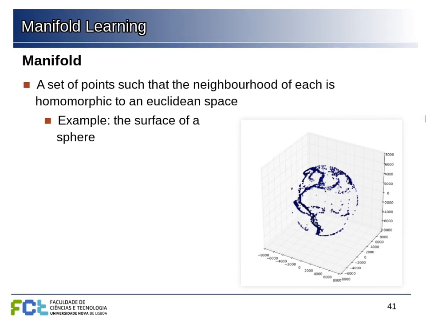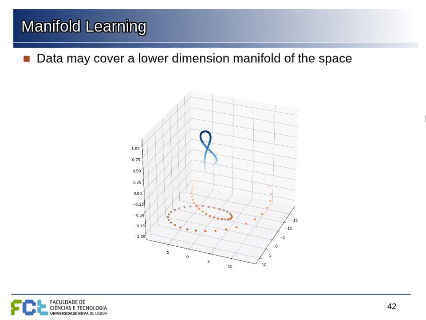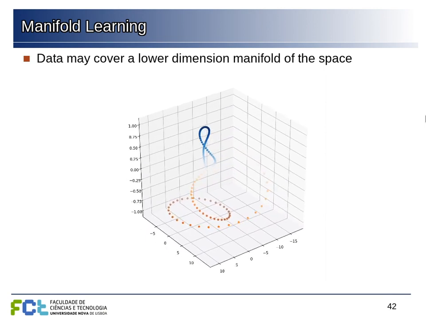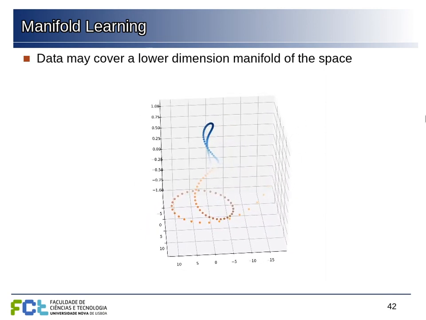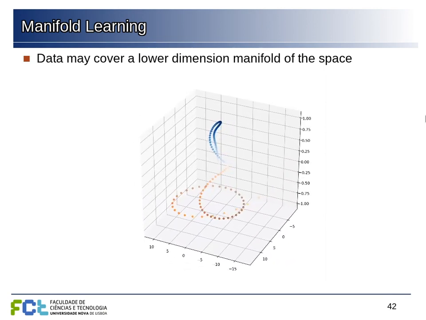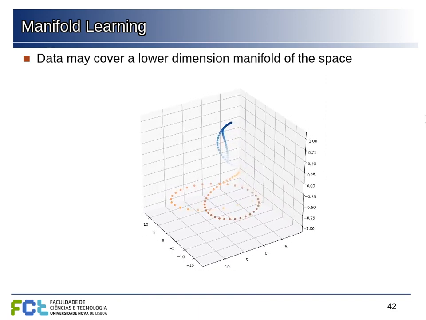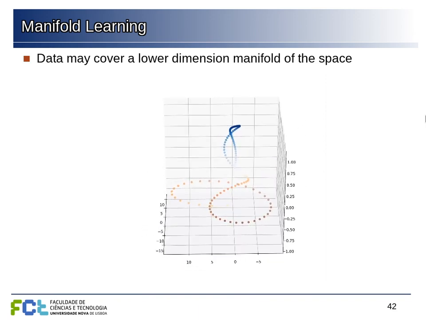So other applications, one very useful is for manifold learning. This is just a review of what we saw last semester. So basically we have this manifold, which is a lower dimensional hypersurface, for example, where the data is represented. This would be an example of data in 3 dimensions, but you can follow it in 1 dimension, and you could get a very useful representation of this data just in one dimension.